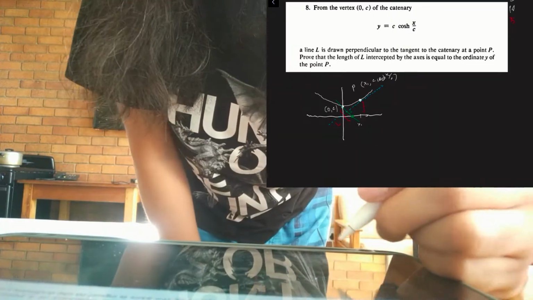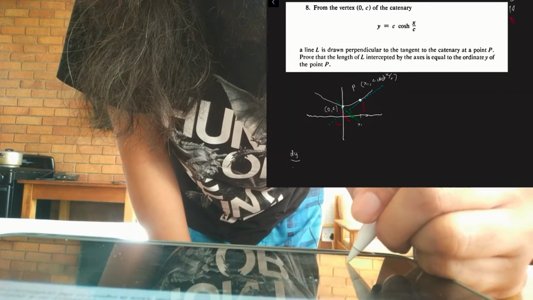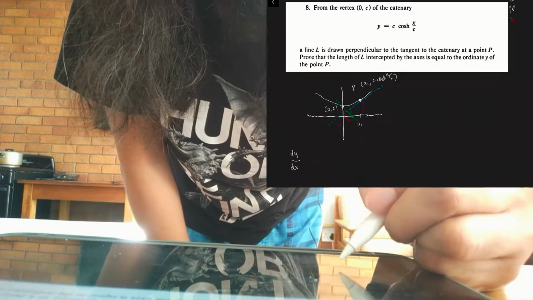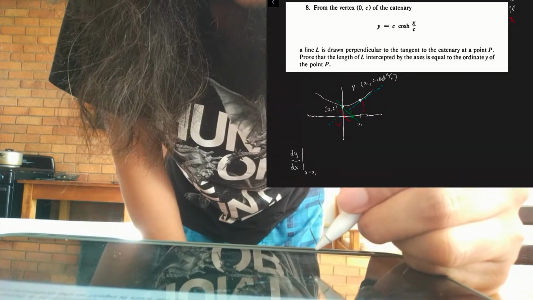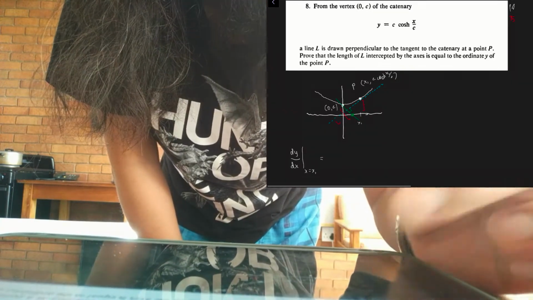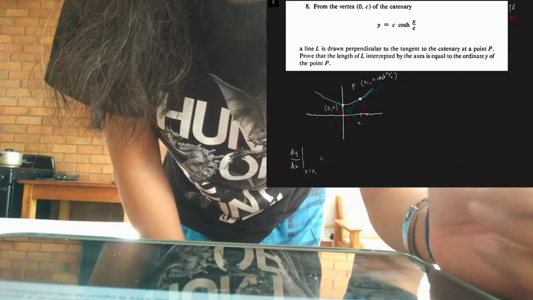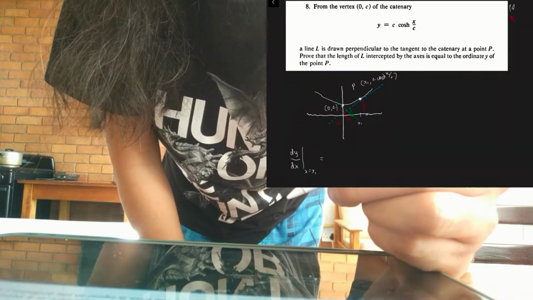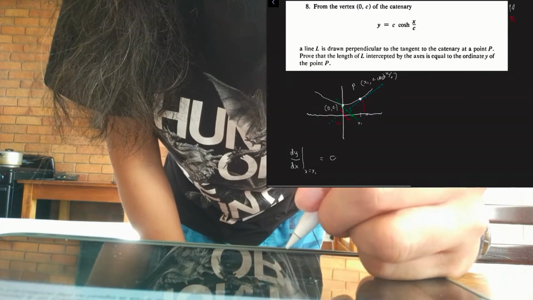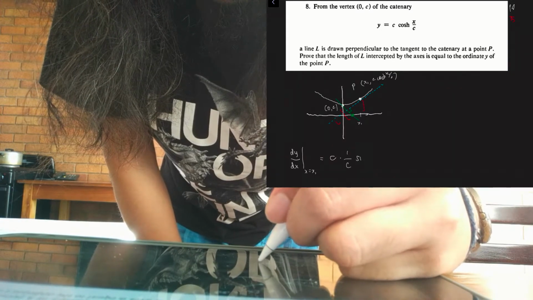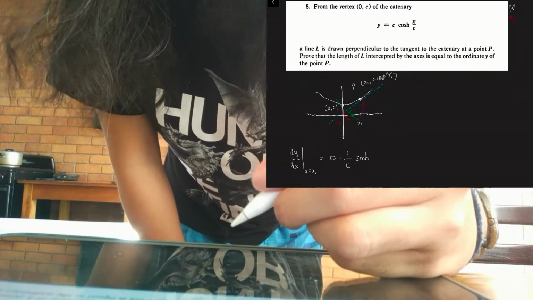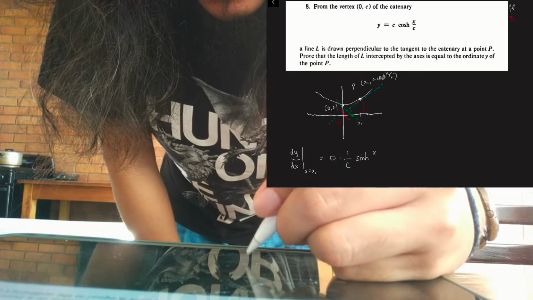So what did I say? I said we take the derivative of the curve, and then we evaluate it at x equals x1. I don't know why my iPad is flickering like that, or the app. But anyway, the function is just c cosh x over c. So the derivative is, you take the constant c, and the coefficient is 1 over c, and this becomes hyperbolic sine, sinh, of x over c evaluated at x sub 1.